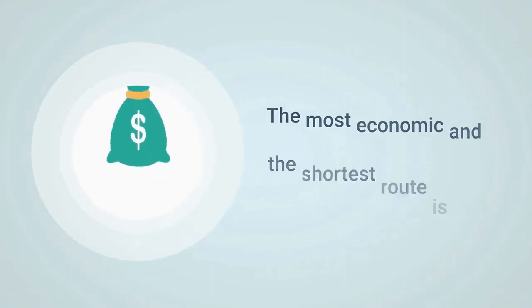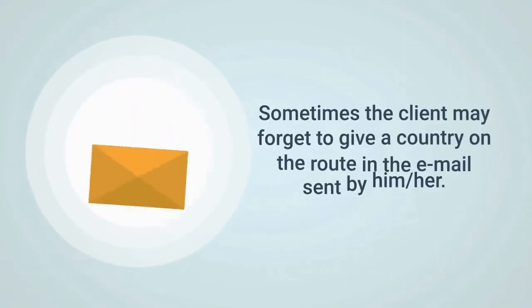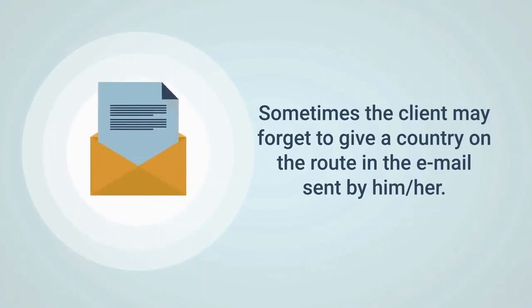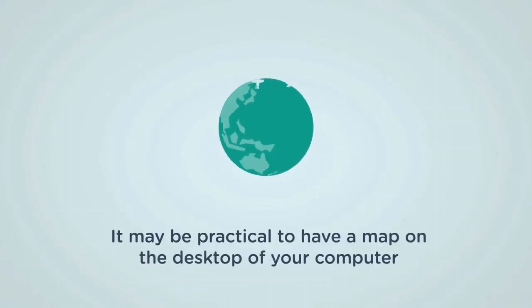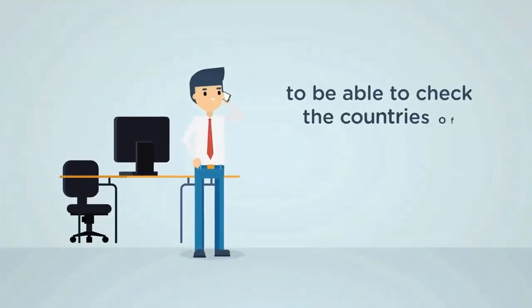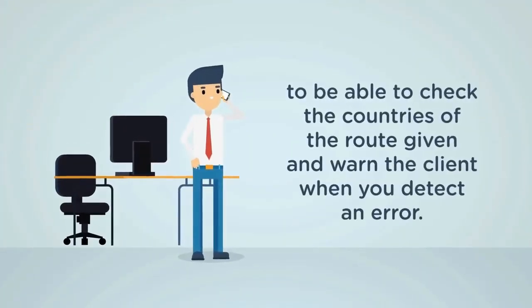Sometimes the client may forget to give a country on the route in the email sent by him or her. It may be practical to have a map on the desktop of your computer, to be able to check the countries of the route given and warn the client when you detect an error.